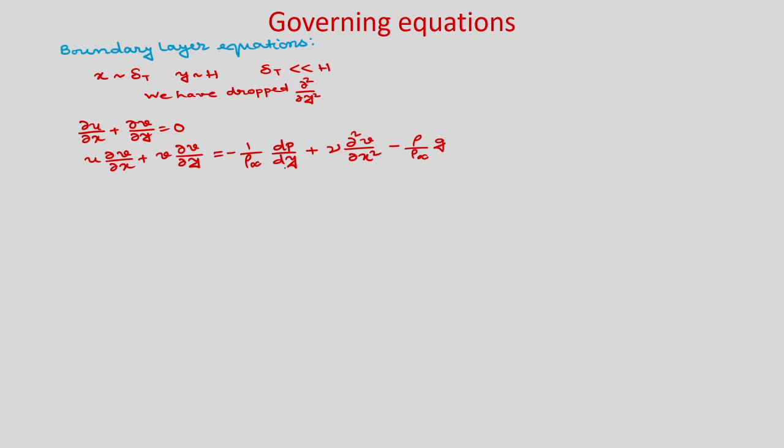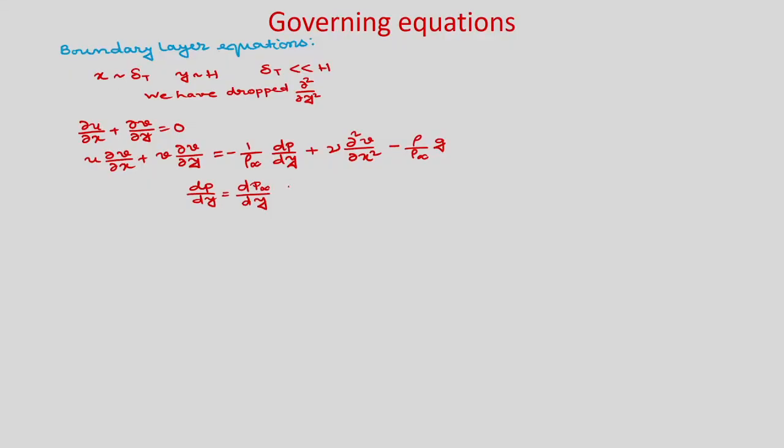Now here you can see how we will calculate the dp by dy. Since del p by del x is 0, you can write dp by dy as dp infinity by dy. Whatever pressure is there outside the boundary layer will be impressed inside the boundary layer.